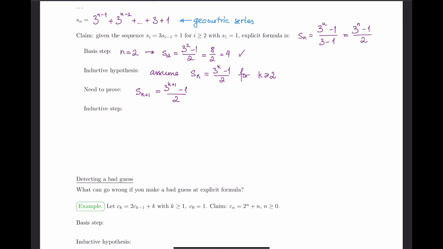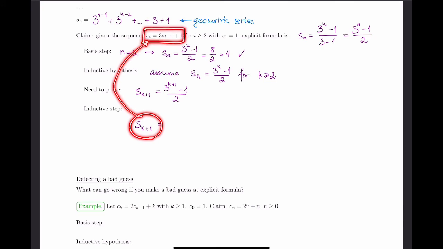So I'm going to start with the left-hand side, s sub k plus 1. In the induction, in order for me to use the inductive hypothesis, I have to somehow make the leap from k plus 1 to k. And that is exactly what the recursion allows me to do, which is why induction and recursion are essentially the same thing in different disguises. Okay, so what I can do here is rewrite s sub k plus 1 using the recursion.